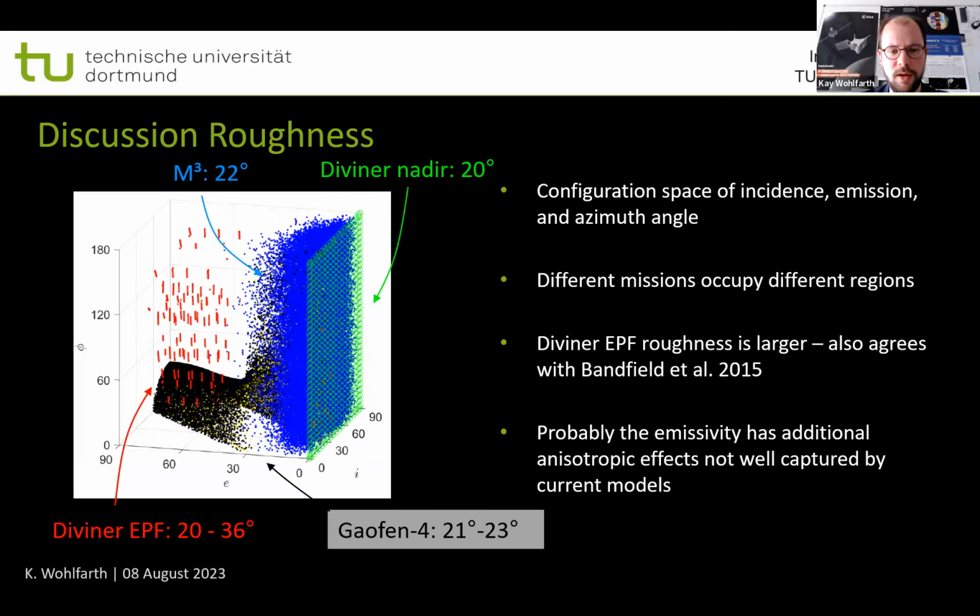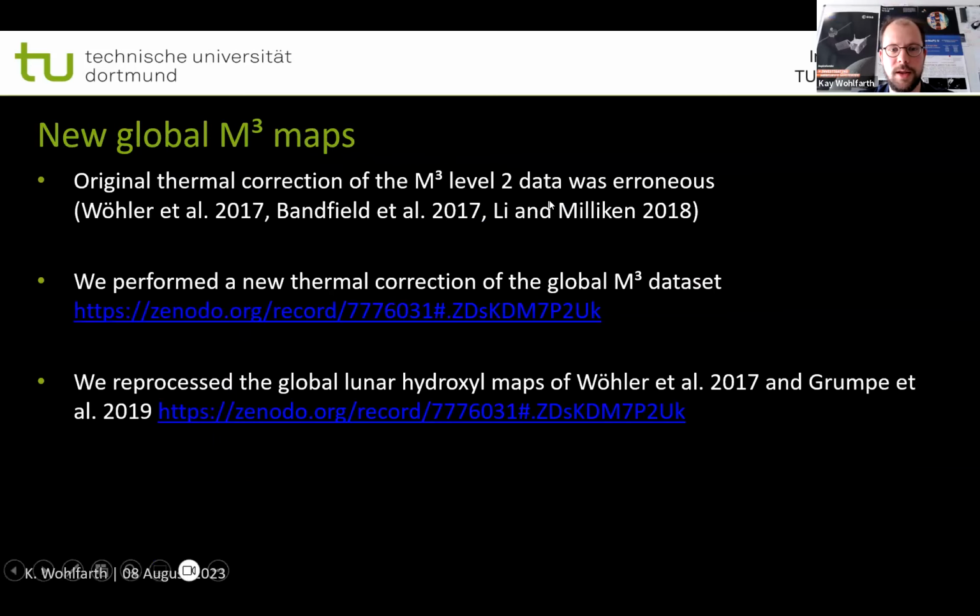That's an effect that is not yet understood and is reproduced by the entire class of these thermal models. Because 20 degrees is good for this region, and 20 degrees is also good for that region, and M-cube data is sandwiched in between, I just assumed the average, which is 22 degrees of roughness, and reprocessed the entire M-cube data set.